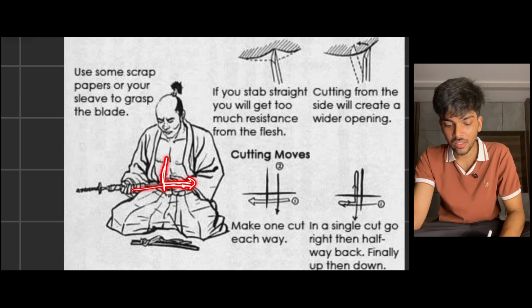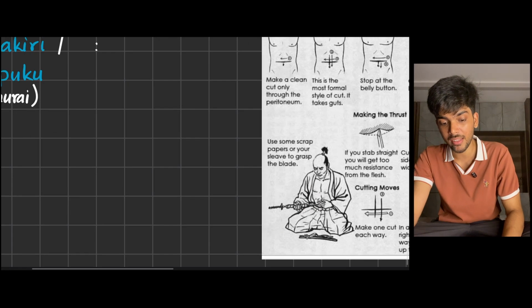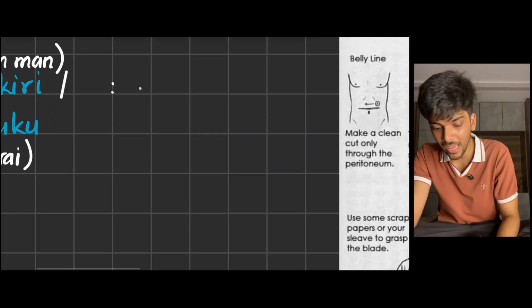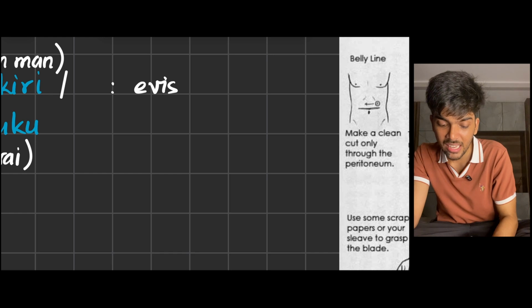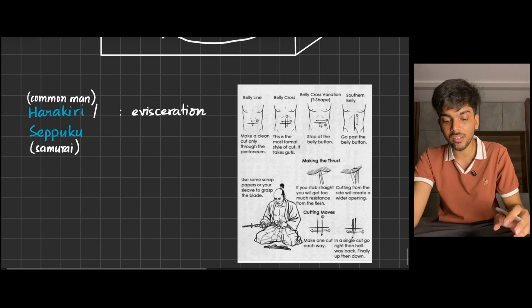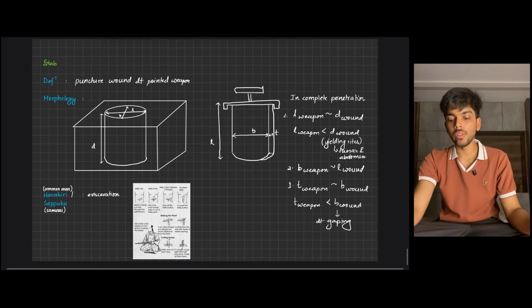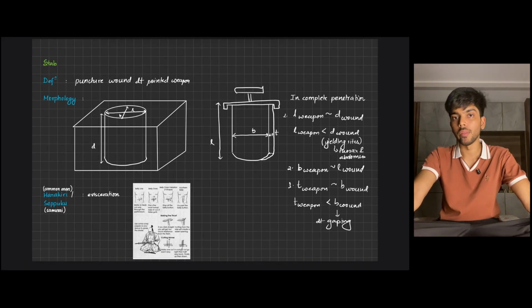As a result, the gut from inside spills out and the samurai dies immediately. And the mode of death is evisceration, or the manner of how the death occurs is evisceration. And with that, we are done with mechanical injury.